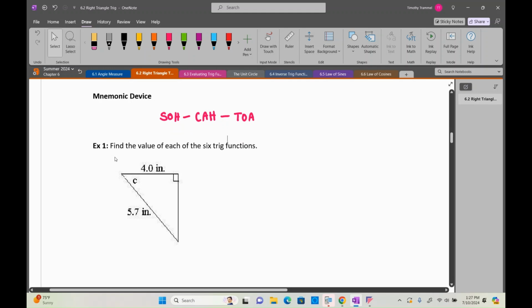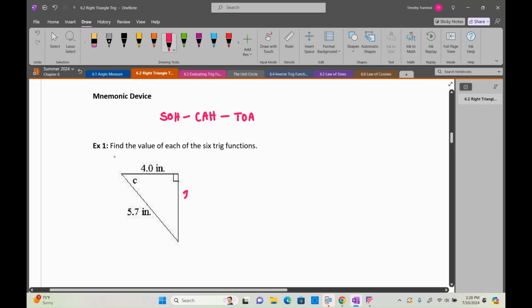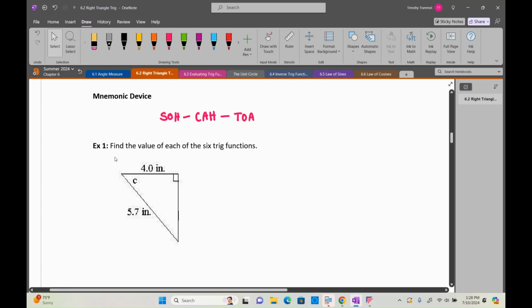And so this first one here says find the value of each of the 6 trig functions. One thing we could do right now before we start finding all 6 of those trig functions is, I do notice we have this missing side over here. We could find that missing side just using our Pythagorean theorem.